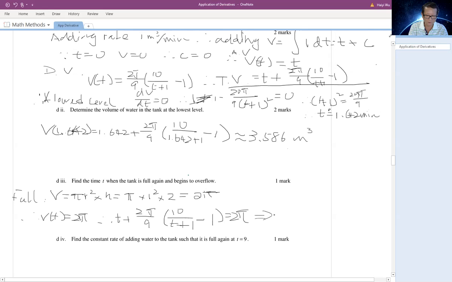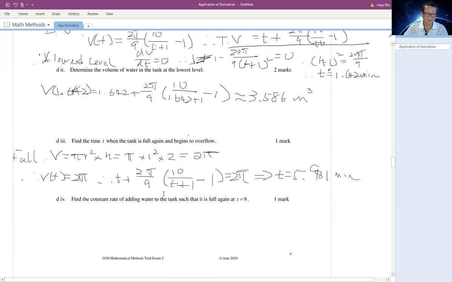So we will find the time is approximately equal to 5.981 minutes. So this is how long it takes the tank to get full again, reaching 2 pi.